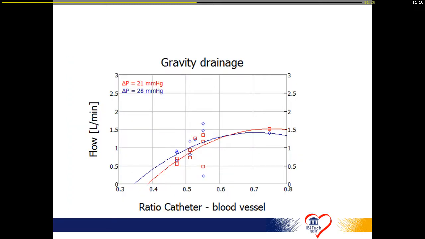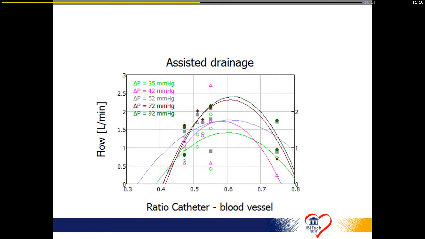So the question is then, how can we do it safe? Well, the first thing we have to keep in mind, if you have gravity drainage, then in general, the bigger the cannula, the better will be the drainage, because you're limited by the maximum negative pressure which can be generated. This is not the case whenever you use assisted drainage, meaning that what you actually have to do, you have to bring it to a size where there is a compensation for the higher velocity inside the catheter and the higher negative pressure.